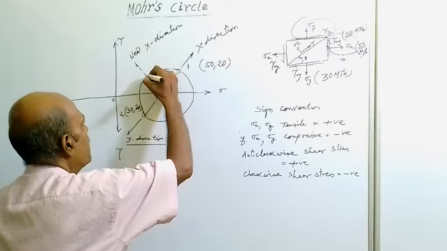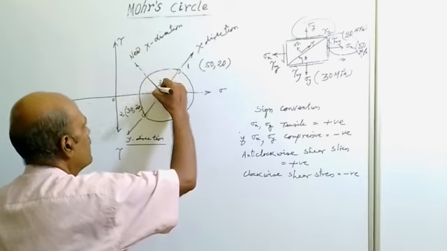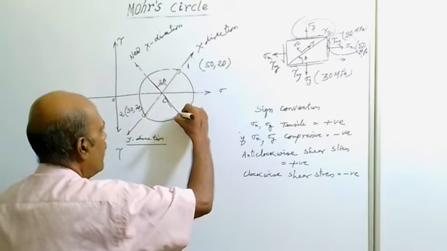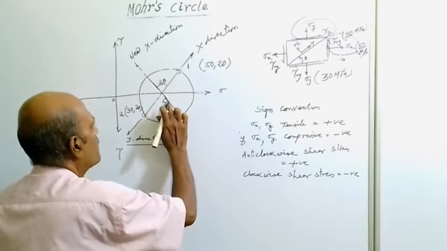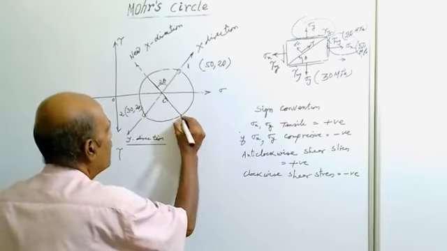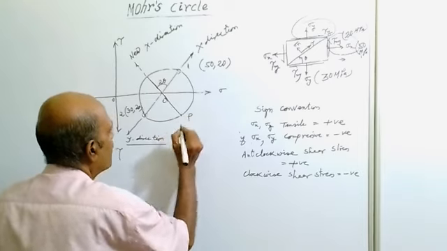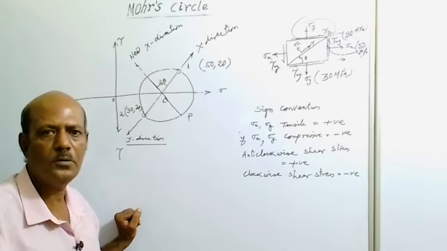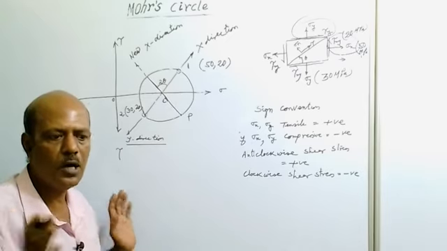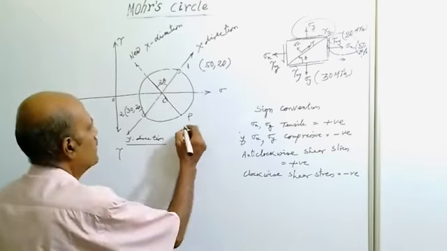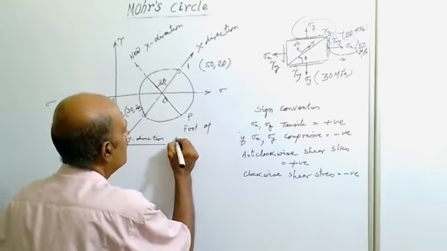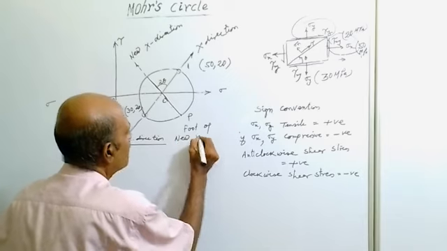Now extend this new x direction so that it will intersect at some point on opposite side of the circle, and this point is called foot of new x direction.